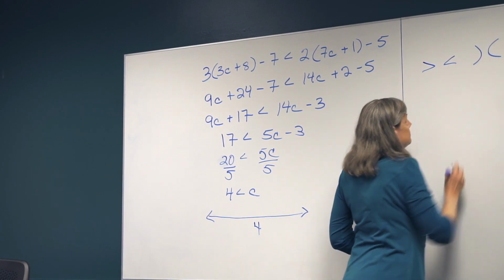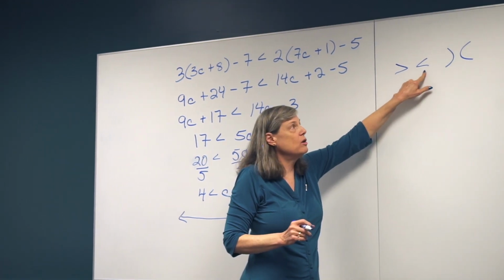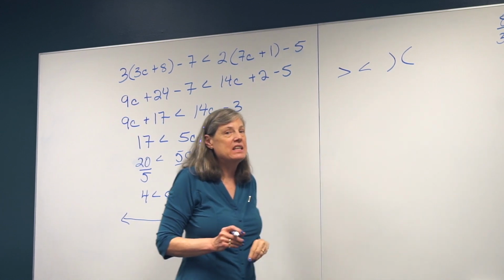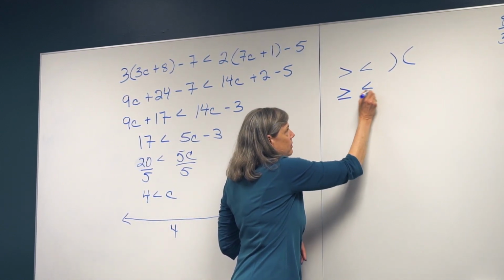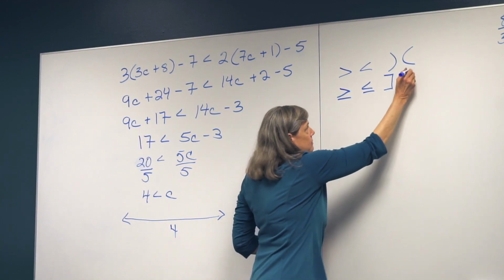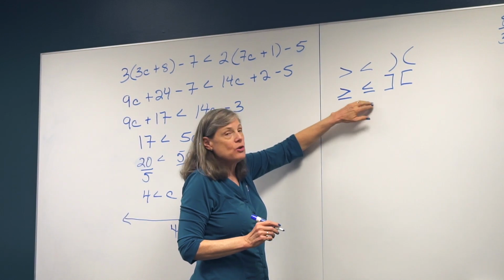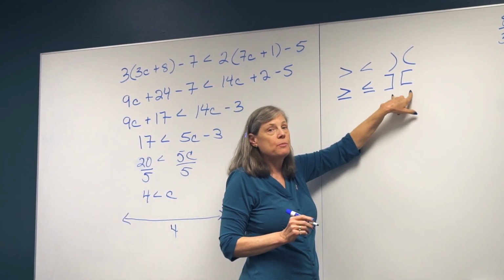about if our symbols are just greater than or less than, then we use a parenthesis because our number is not included. If, however, our symbol also has the equal to as well, then we use a bracket.